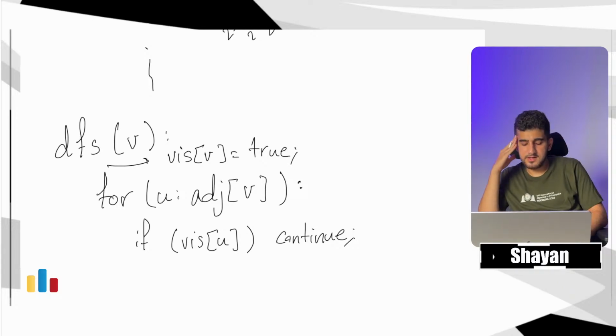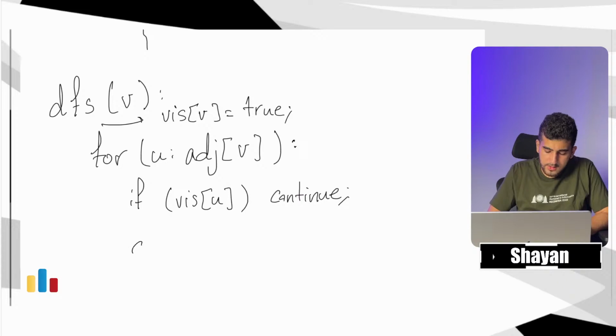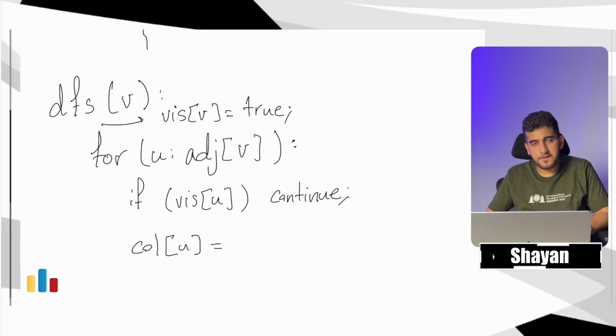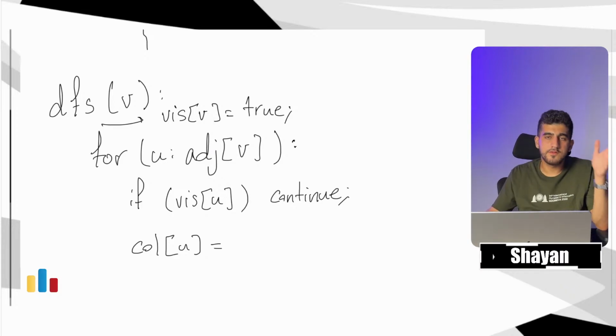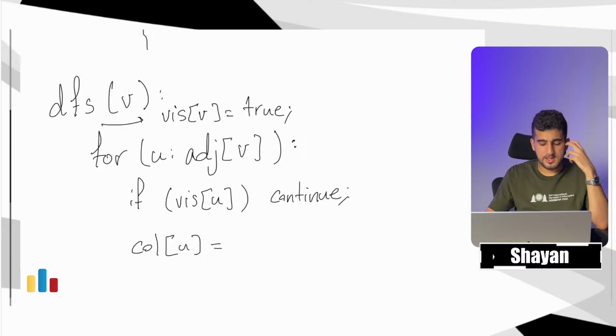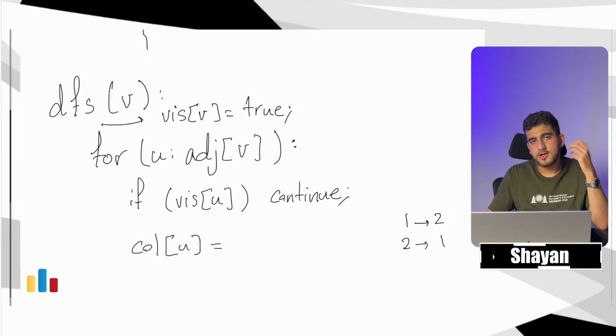And then otherwise, if u was not visited, I just say that color of u is gonna be, if color of v is 1, color of u needs to be 2. If color of v is 2, color of u must be 1, right? So what can I say?